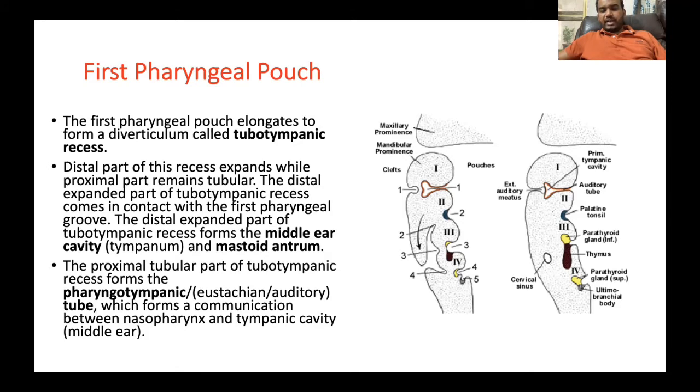So between the nasopharynx and the middle ear cavity there is a communication established, and this communication is formed by the eustachian tube.